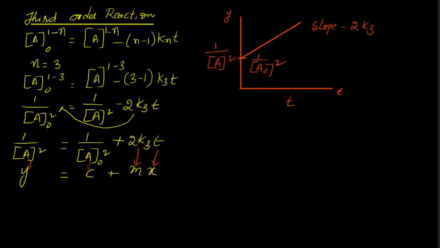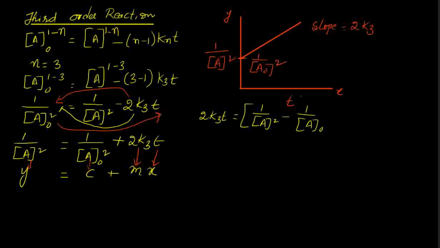And another relation here: the 2 K3 T in this side, and 1 by A naught power 2 comes to this side. These two groups on rearrangement, we get 2 K3T equals to 1 by A power 2 minus 1 by A naught power 2.